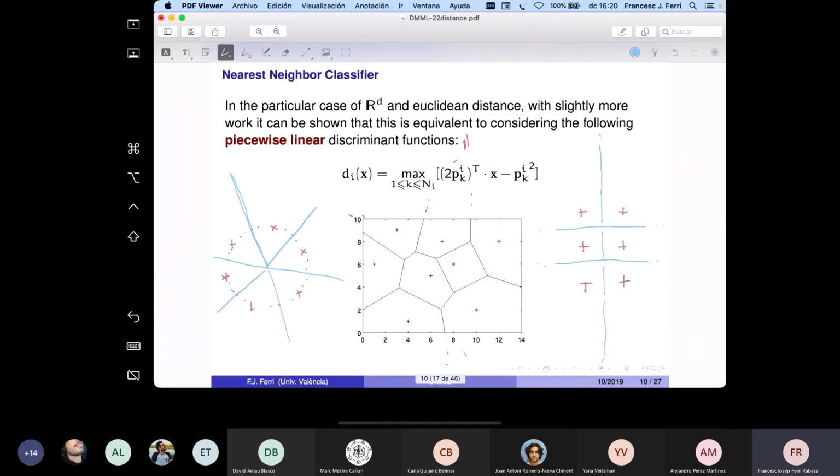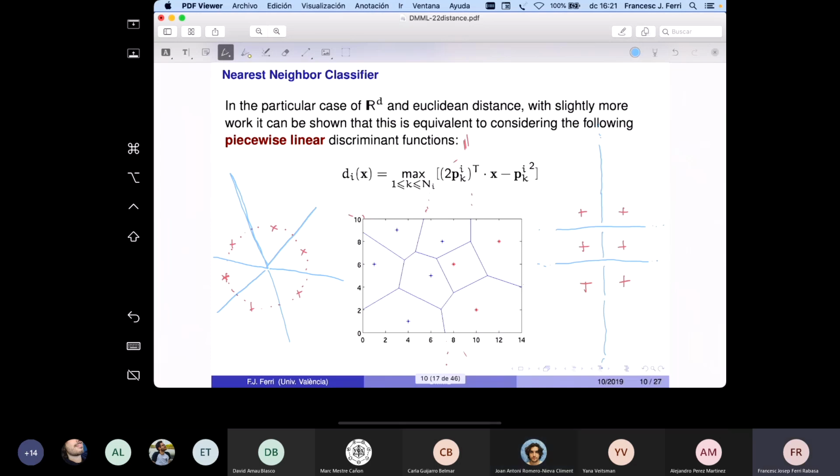Do you agree? Yes, I think I do agree because it fits the intersection of the Voronoi polytopes. We should get a graph like this, right?